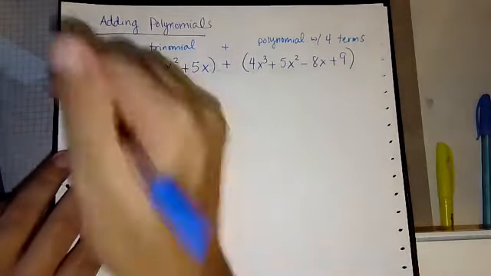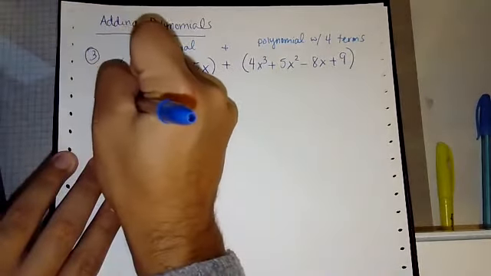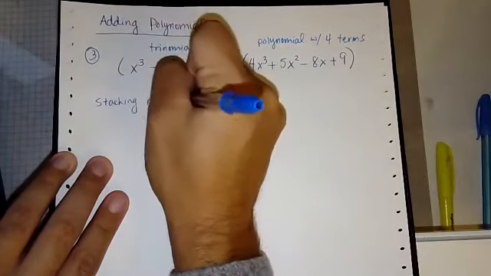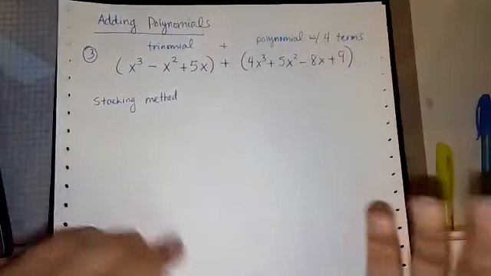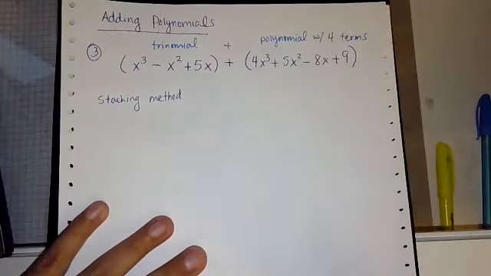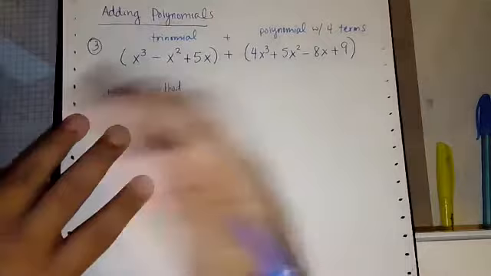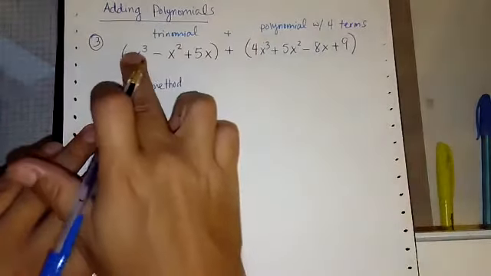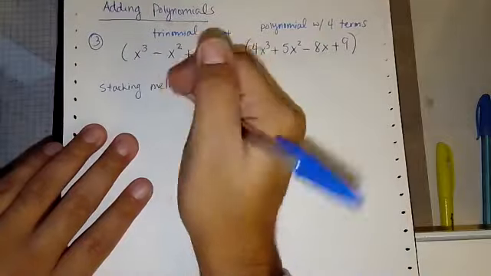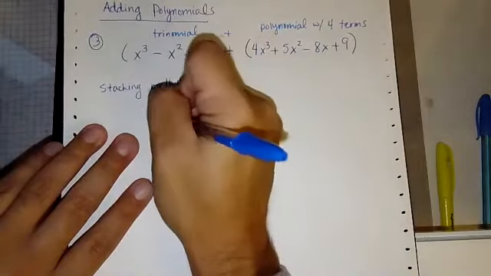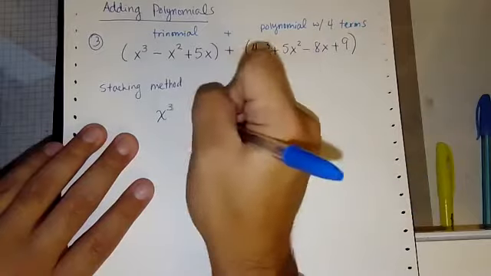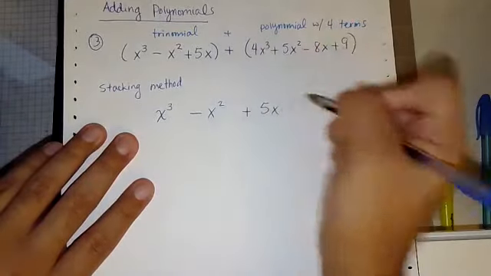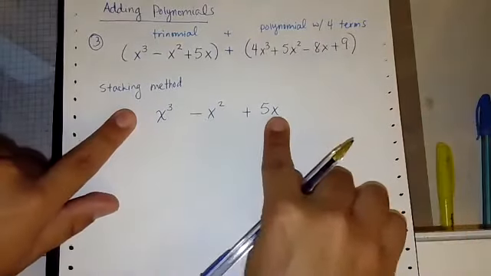So some students like this stacking method. It's sort of like adding big numbers, like 123 plus 247. You would stack the terms or stack the place values. So what we're going to do here is instead stack these terms with a common or like variable. So we have x to the third minus x squared plus 5x. Okay, that's the first polynomial.